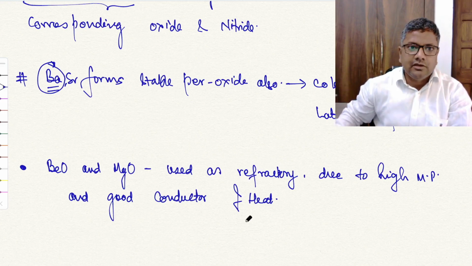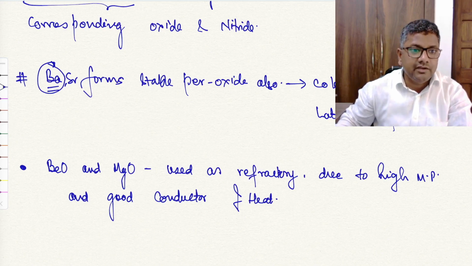So if you want to see the melting point of beryllium oxide and magnesium oxide, I think it is more than 2500 degrees Celsius, or even more.